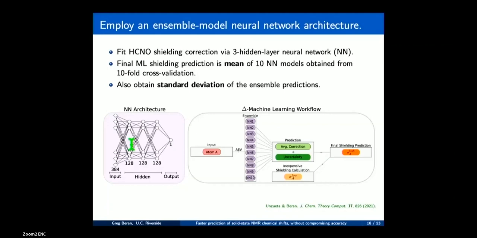And then we're going to take the average of those values to get our final shielding prediction. That sort of ensemble can help improve the accuracy. And in addition, we're going to use the standard deviation among those different members of the ensemble in order to get something about the uncertainty of our predicted shieldings, which I'll come back to. But anyway, so we run our neural network model, we get our average correction, we combine it with our cheap DFT shielding, and that gives us our raw final one.